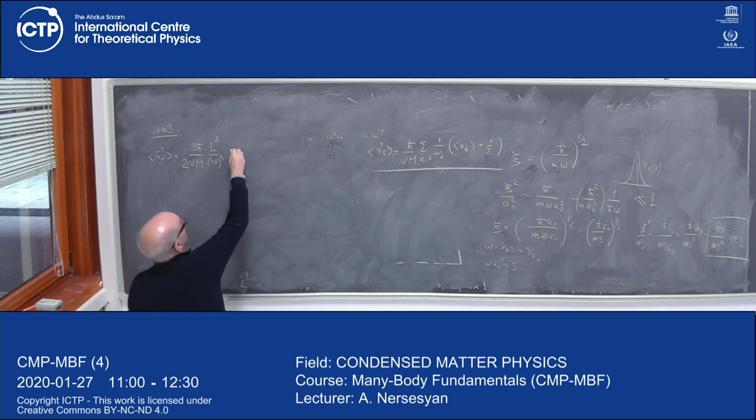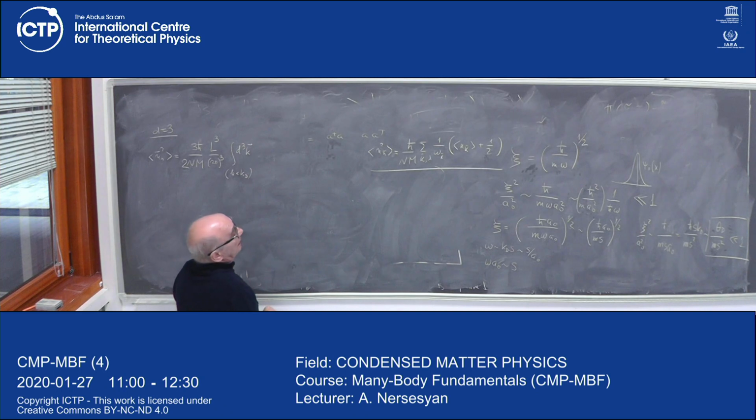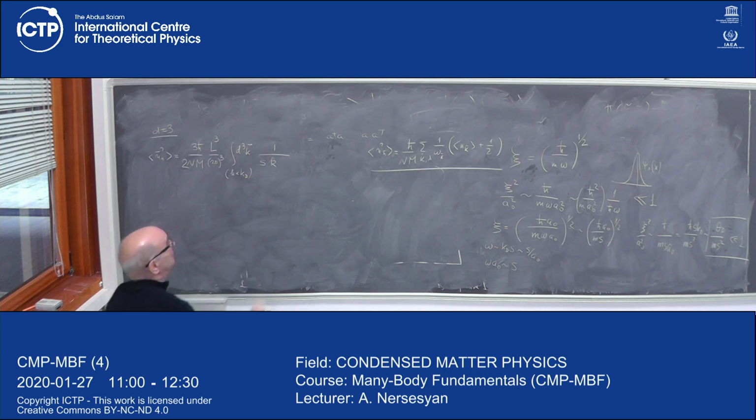Instead of summation, writing down the integration d3k, k absolute value is less than k D. We're again maintaining the Debye model. It's quite enough for us. And what remains is our denominator, which is 1 over s and modulus of k.